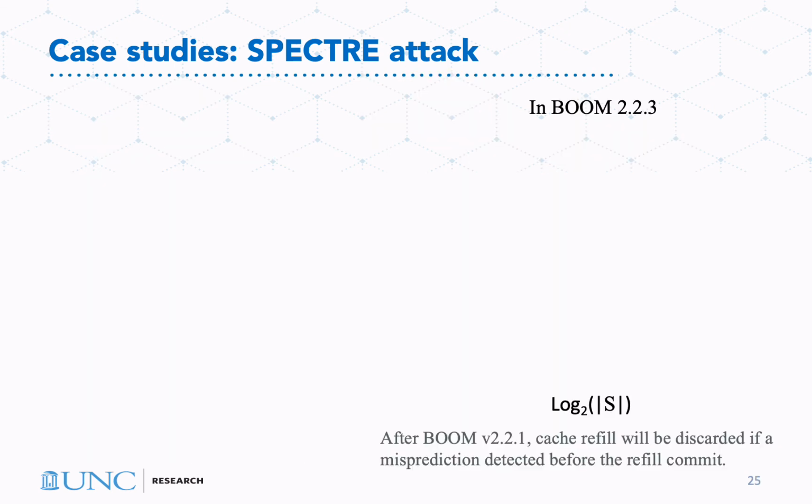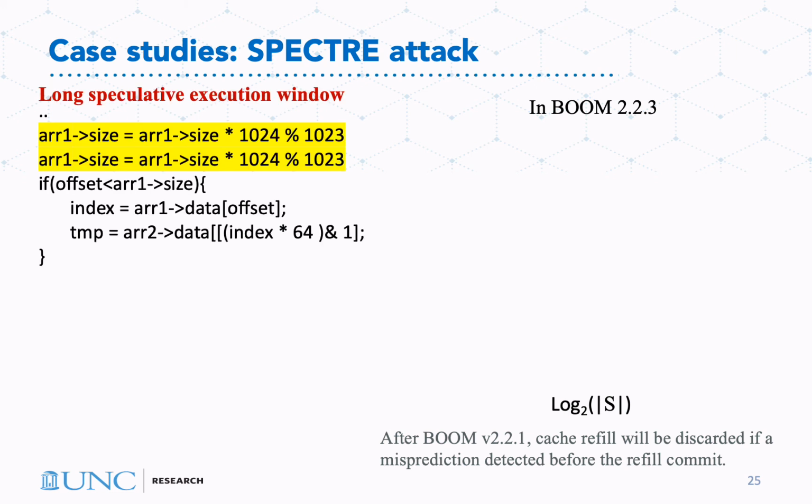In order to trigger the speculative execution, the branch checking should be delayed when resolving it, which is usually due to some flow dependencies. Specifically, I present two code snippets with different data dependencies for branch checking. One will cause a very long speculative execution window due to the expensive arithmetic logic units, multiplier and modular units.